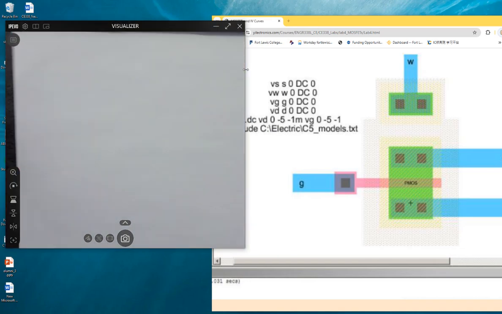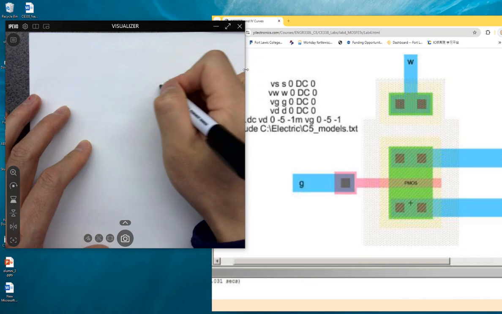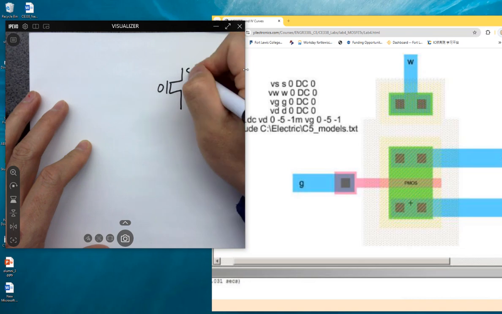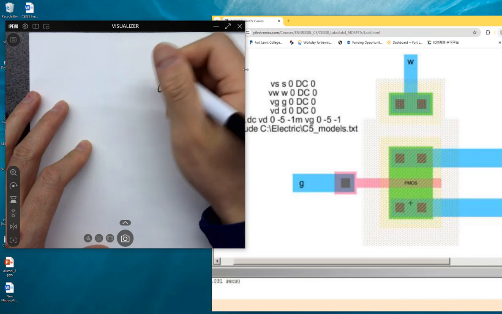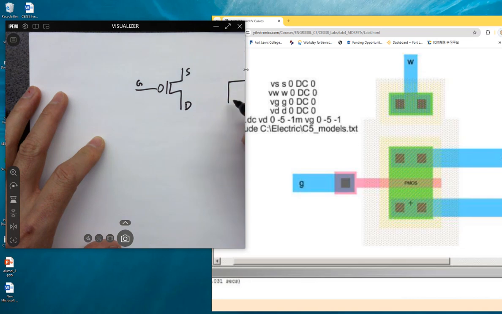But what's really going on here? Here's a PMOS, okay? Source, drain, and gate. So if you do a cross-sectional view here, I'm going to draw it on this side. Drain.